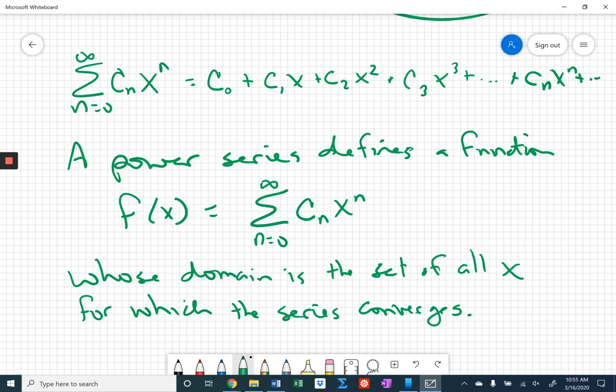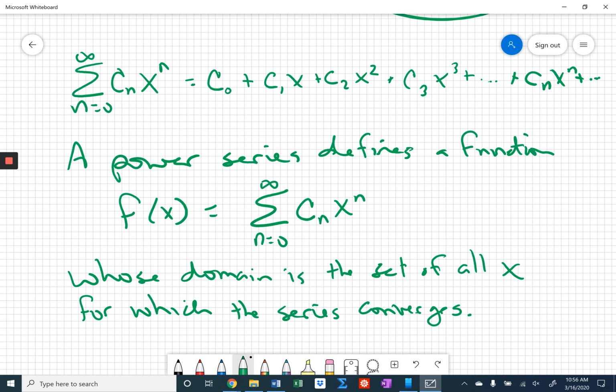So I think this is a pretty cool feature here. We're going to start thinking not just in terms of sums of constants or sums of numbers as we were doing in previous examples. We have sums of variable quantities going on forever, and they represent functions, at least a function on the intervals for the values of x for which the series converges.